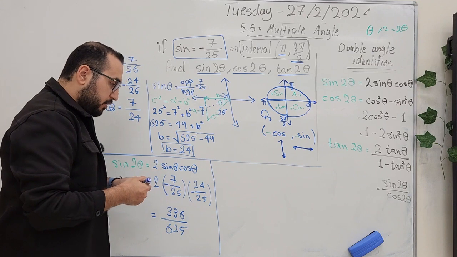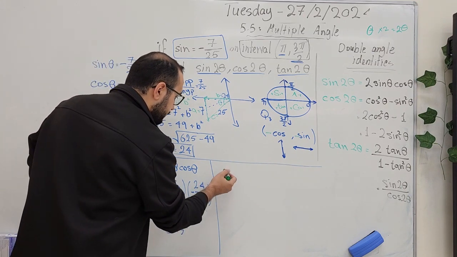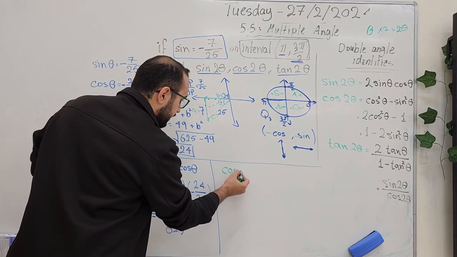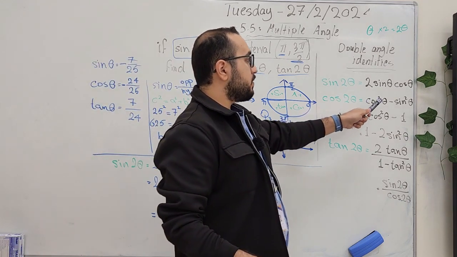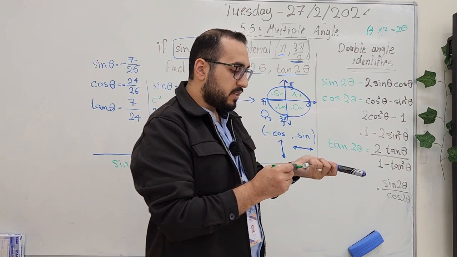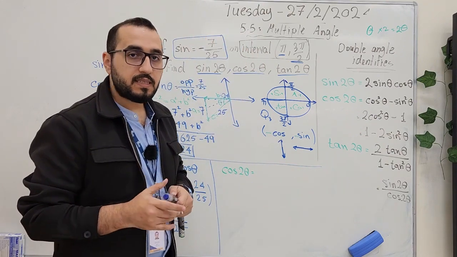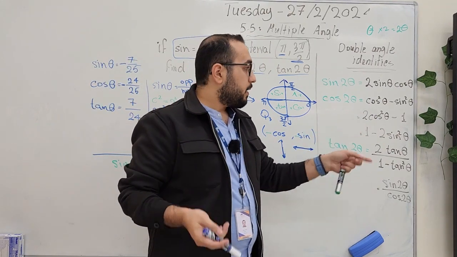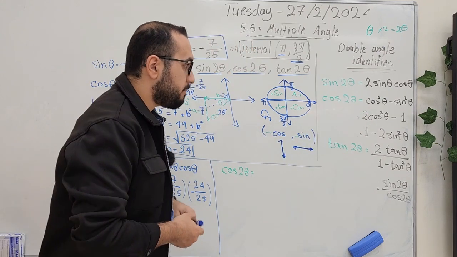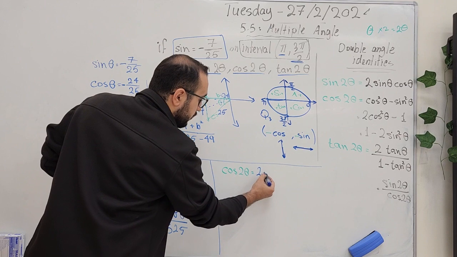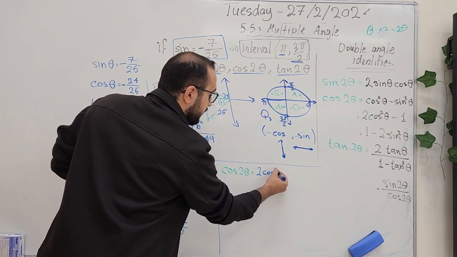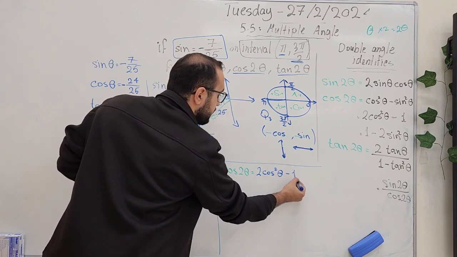So this is the first trigonometric function, which is the sine. Now let's find the cosine double theta. I have 3 rows: this one, this one, this one. Use any of these. All of them will give you the same answer. Just as an example, I will use the second one. 2 cosine squared theta minus 1.